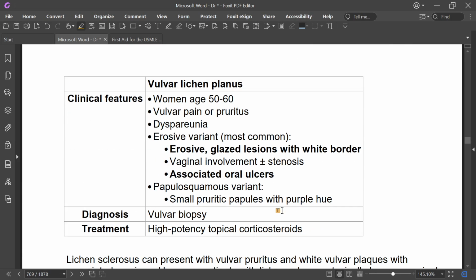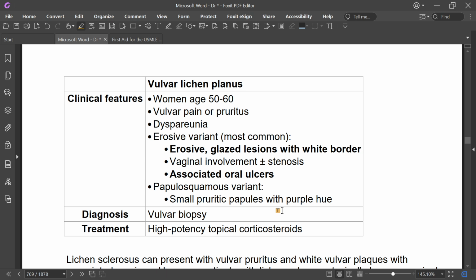Vulvar lichen planus. Lichen planus is pruritic, in women aged 50 to 60, with vulvar pain or pruritus, dyspareunia, and painful coitus. The erosive variant is most common, with erosive glazed lesions with a white border, vaginal involvement and stenosis associated with oral ulcer.